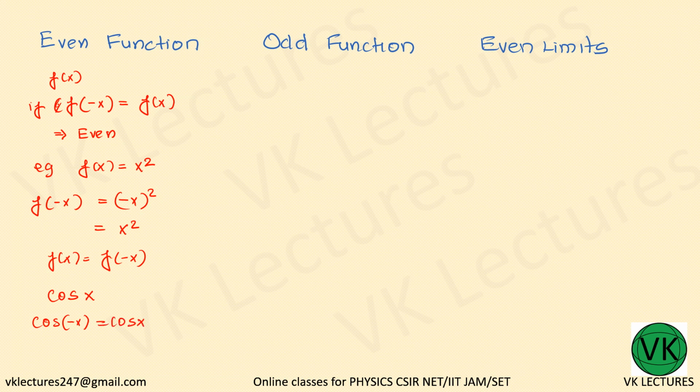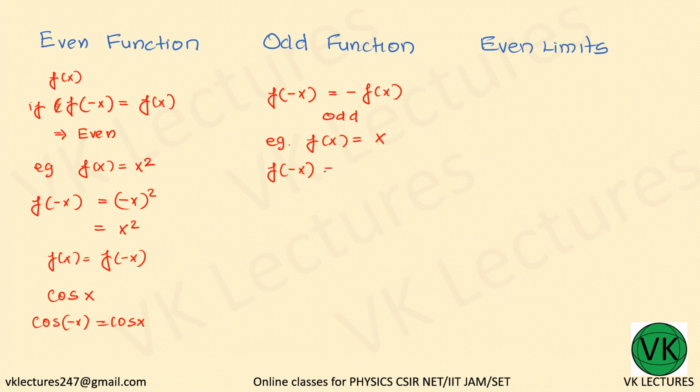Now coming to the odd function, if f of minus x equal to minus f of x, then this is an odd function. An example is f of x equal to x. Now what is f of minus x?